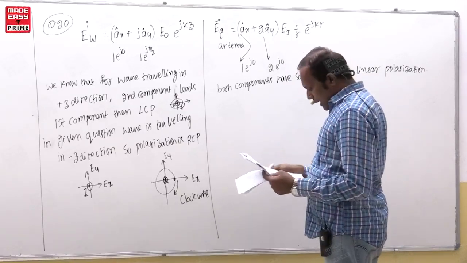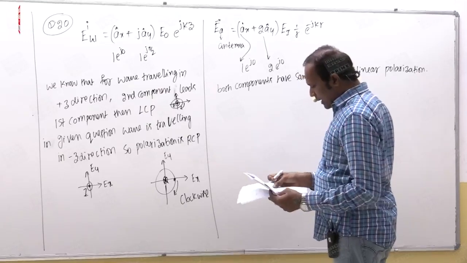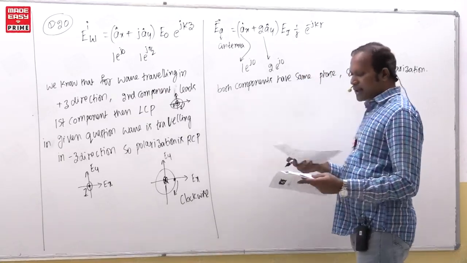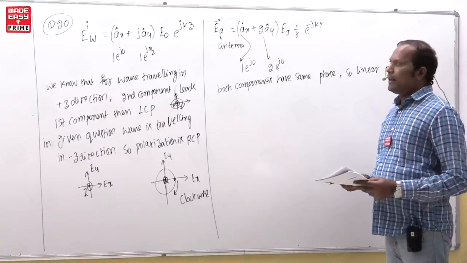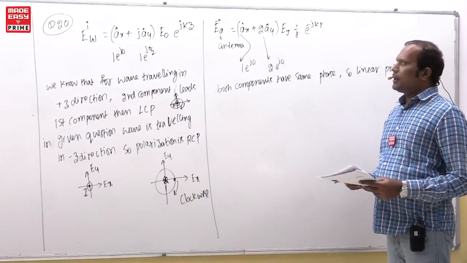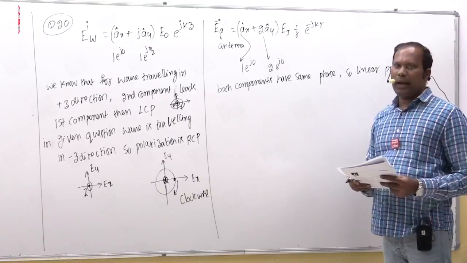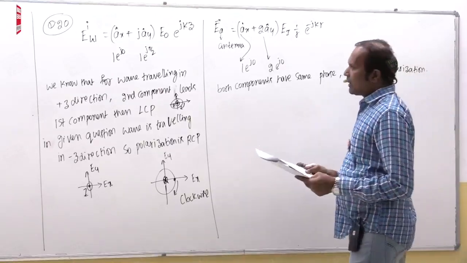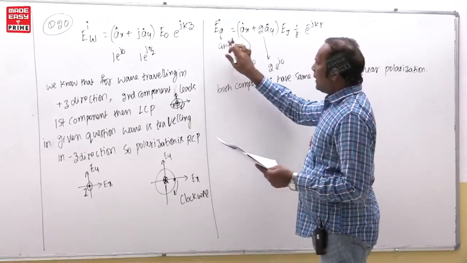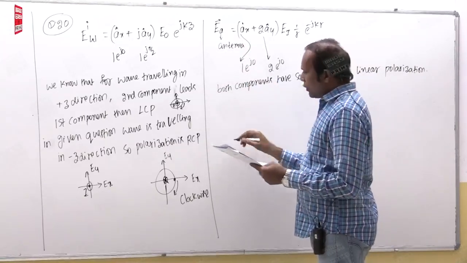Next, polarization loss factor. We have already discussed that formula, the polarization loss factor is |a_I · a_A|². If you want decibels, then you have to take 10 log. First you take the unit vectors.